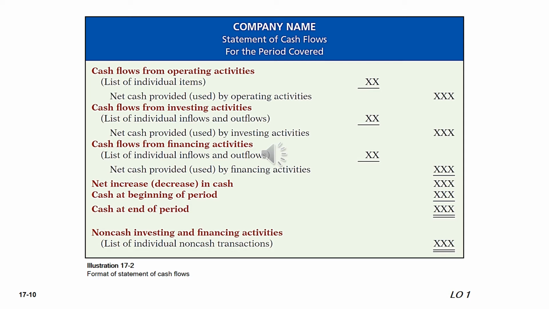So as we mentioned, notice how you have the first classification first, cash flows from operating activities, and then the cash flows from investing activities, cash flows from financing activities, and then we have net increase or decrease in cash. And then we add that to the cash at the beginning of the period, and that will give us cash at the end of the period. And at the bottom, we can also add non-cash investing and financing activities, just as we mentioned earlier.